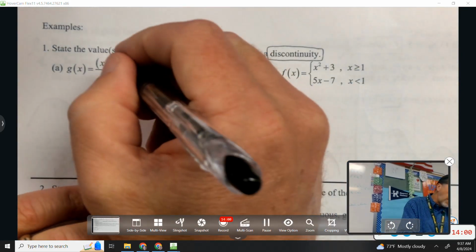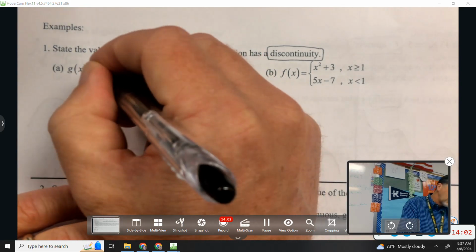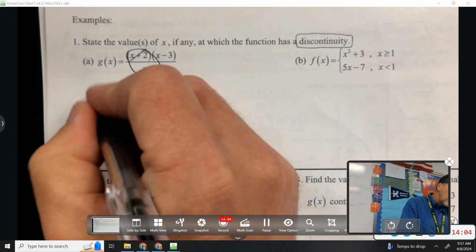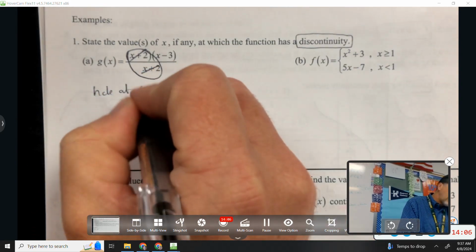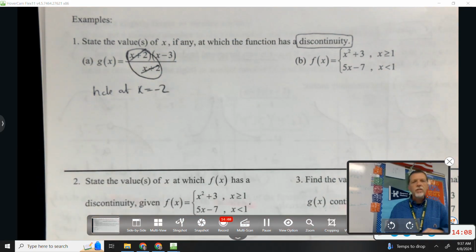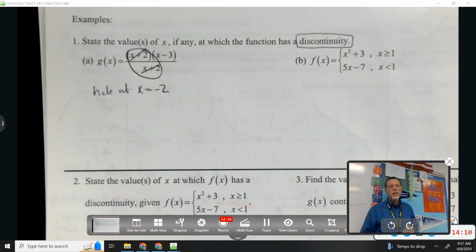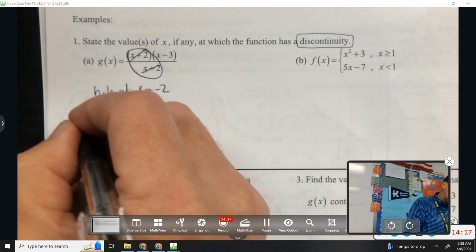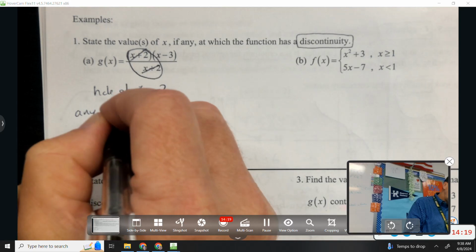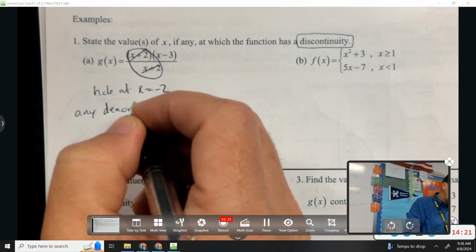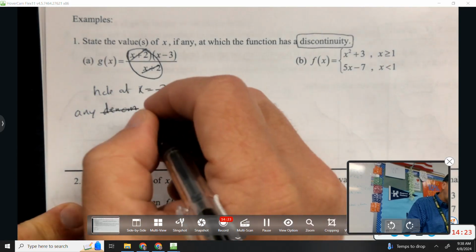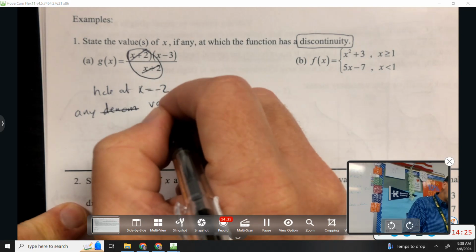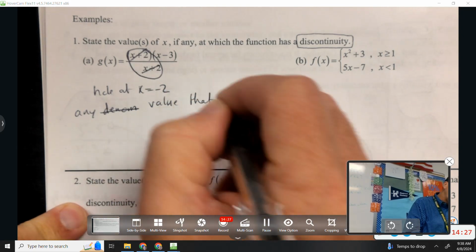well, I've got a factor of the bottom that cancels. So that means there's a hole at x equals -2. But the way this question was asked, it didn't really matter if it canceled or not.